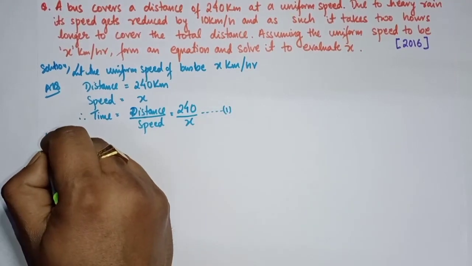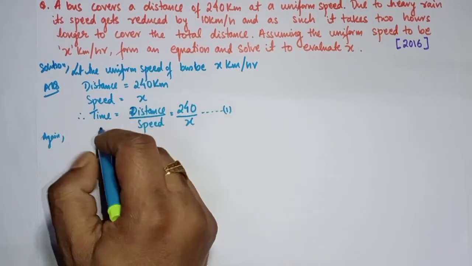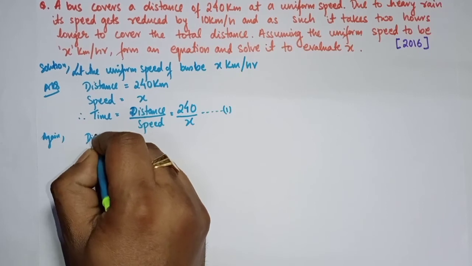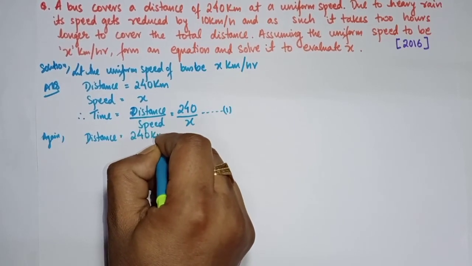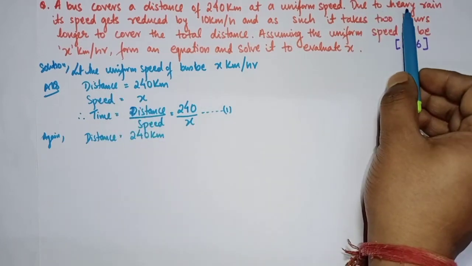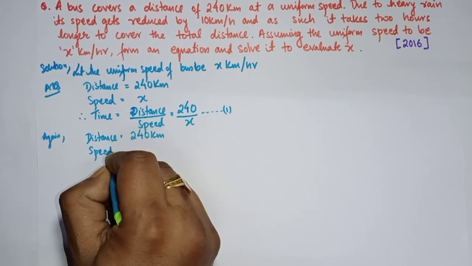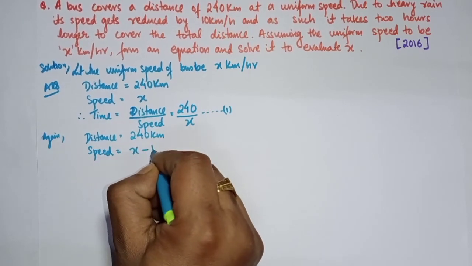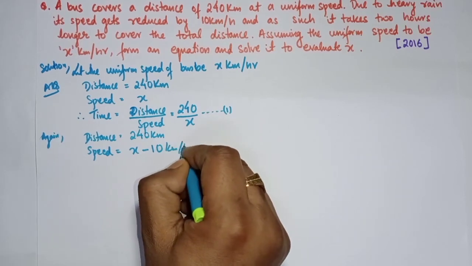Again, let's see what is given. The distance is the same, 240 kilometer only, but the speed has been reduced. Reduced means minus, so x minus 10 kilometer per hour.